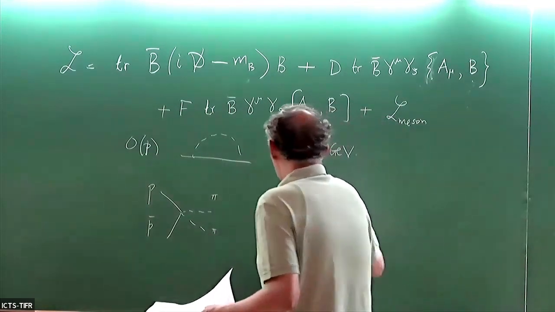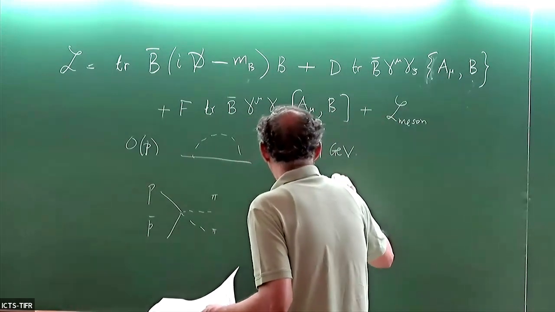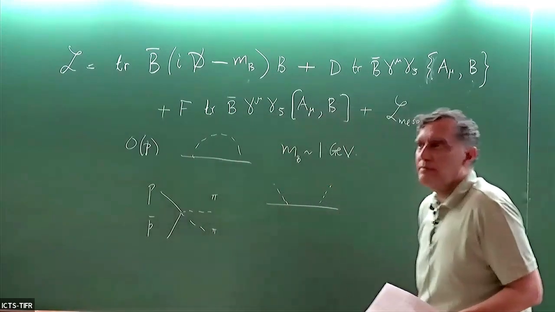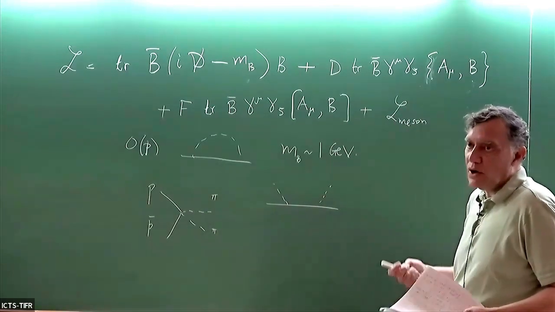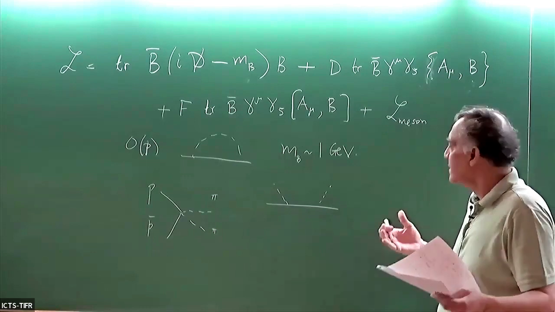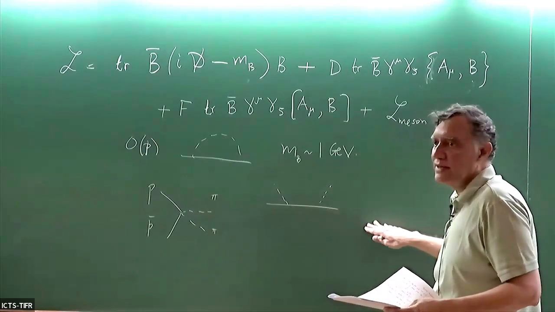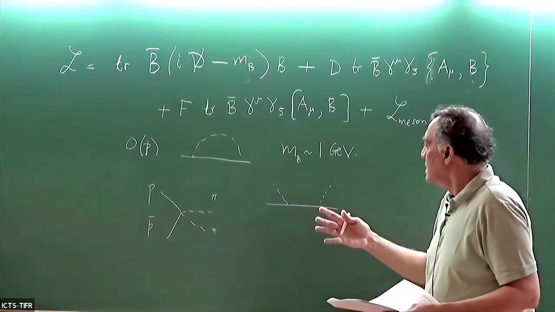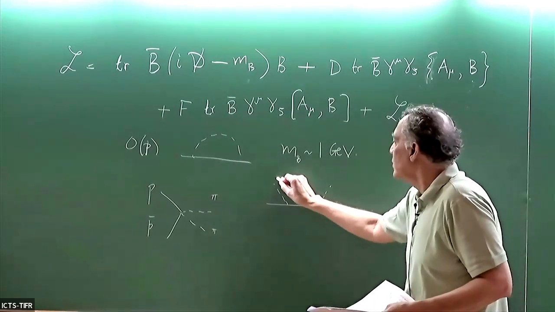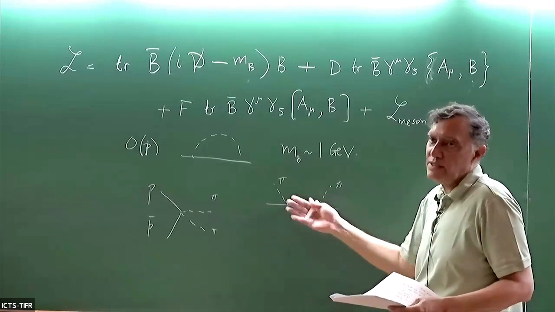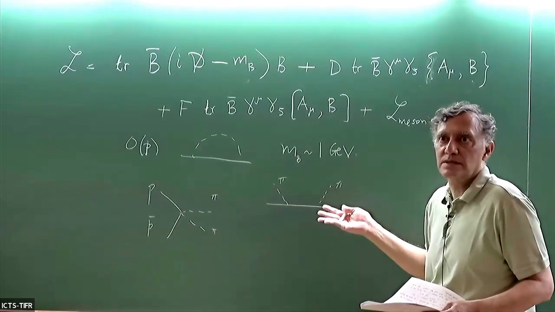However, if you do pion-baryon scattering, baryon number is conserved, so the baryon number runs through the line. And all that really matters is not the mass of the baryon, because that's sort of flowing through the diagram. It's the momentum transfer of the baryon, and if the pion momenta or energies are a few hundred MeV, you should be able to apply chiral perturbation theory here.